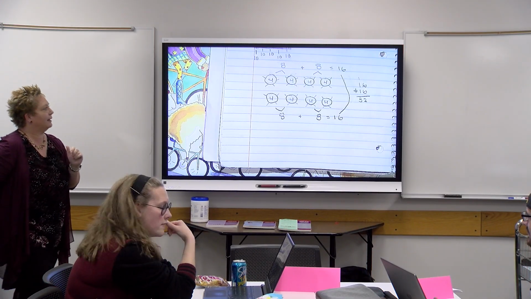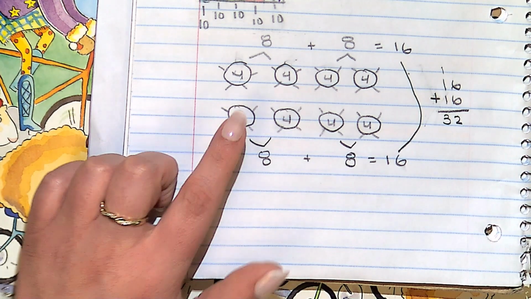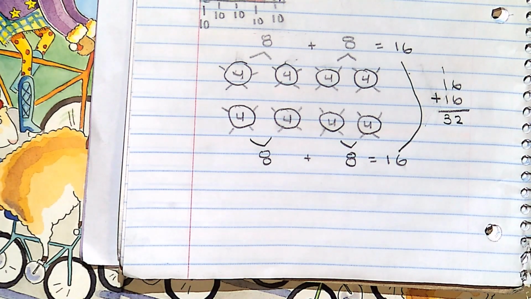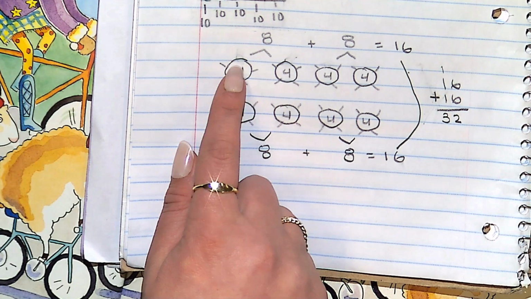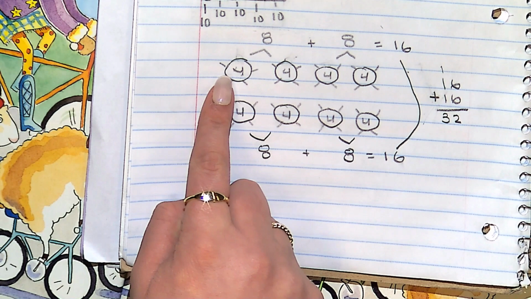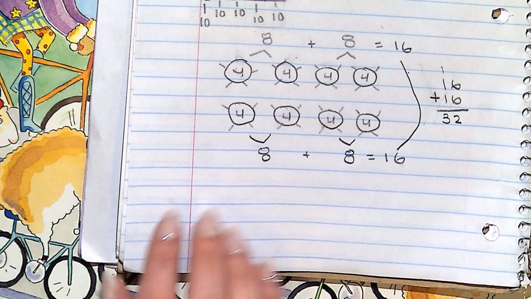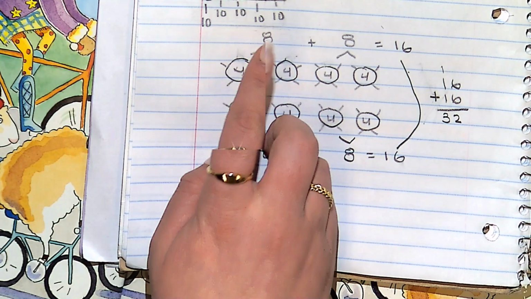So tell us what you did. What'd you do first? So there's 8 sheep, so I wrote 8 circles. Good. And then I know each sheep has 4 legs. Good. So I drew them in case I wanted to count them, but then I put 4 in each circle for the sheep. And then doubles are easier for me, so I combined these 4 and I know that's 8.